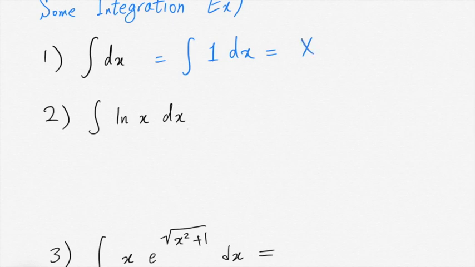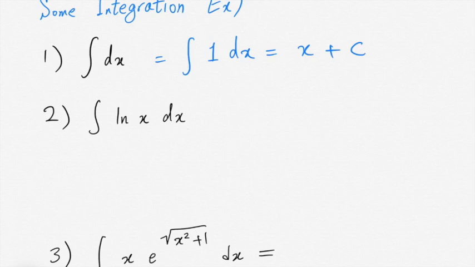Therefore it's going to be x, right? Or we can write it like the simple, the small x. Also plus a constant like c. So I'm sure that you know all of these things.